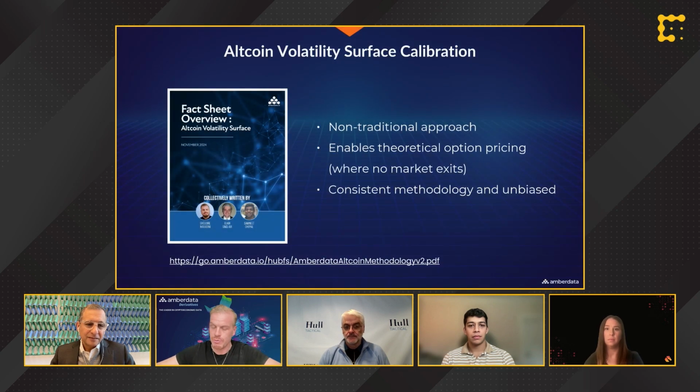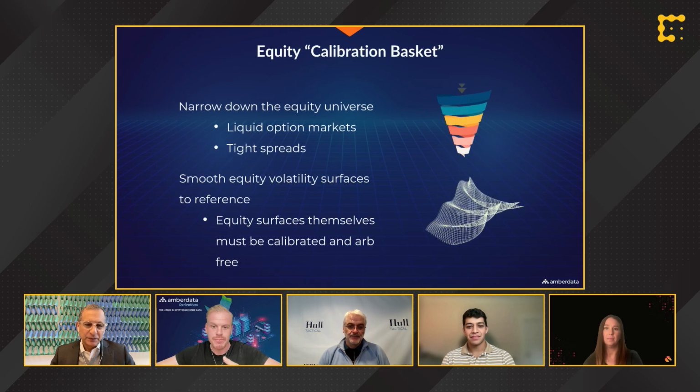Perfect. Okay, so I'm showing you a brief methodology that we've decided to use. We take a non-traditional approach. Sam will talk about some of the ways to address this that he's seen in the industry before, but working with Ewan, who's really the giga brain behind this, we came up with a really good, different methodology. The first thing we did is reference the equity space. If we're talking about small cap equity stocks, biotechs, crazy things like that, they start to have a lot of the meme-like jumpiness that you see in the meme coin world.